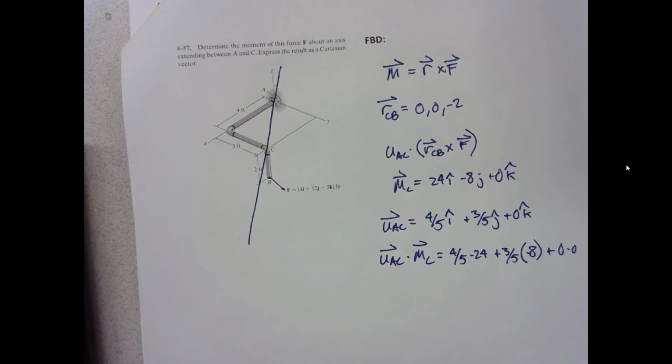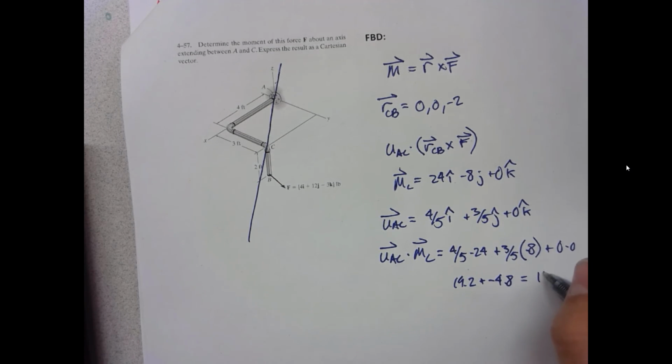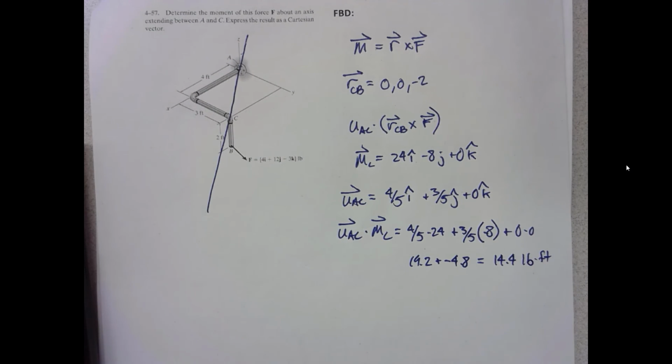So 4/5 times 24, that's 0.8 times 24, that's 19.2, plus 0.6 times negative 8, negative 4.8. I get 14.4 pound-feet. I did that pretty quick.